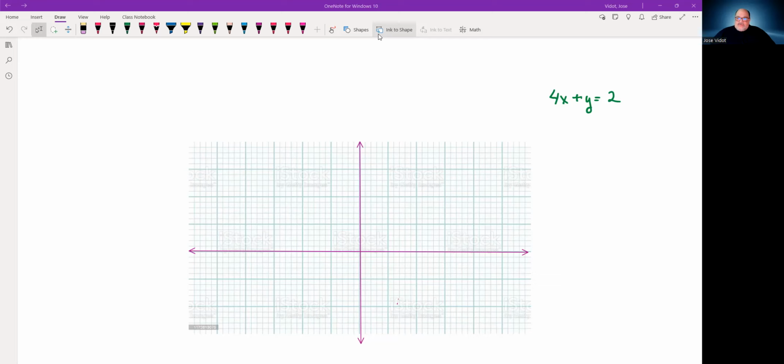And what I would be looking for is for them to put it into the y equals mx plus b form, also known as point slope form.